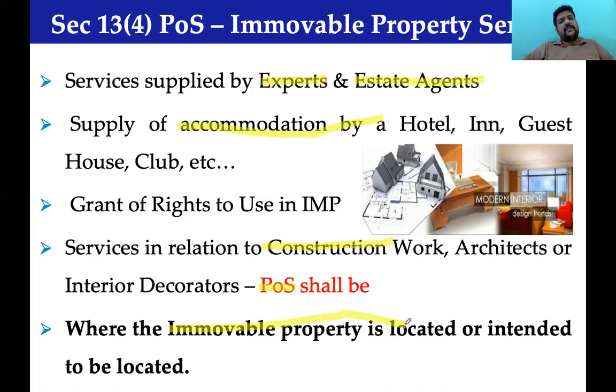It could be architect services, engineering services, licensed surveyor services, or foreign construction. From a foreign country, a consultant comes and provides services to India, or an Indian provides architect services to a foreign country. Whatever it is, the location of the immovable property would become the place of supply.